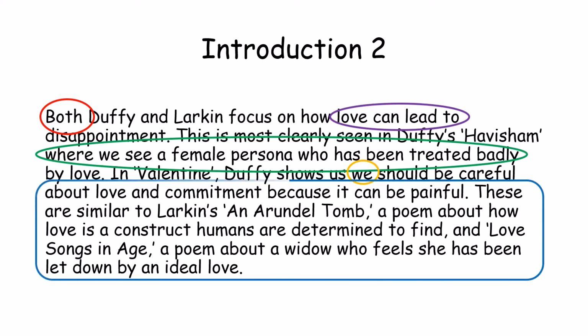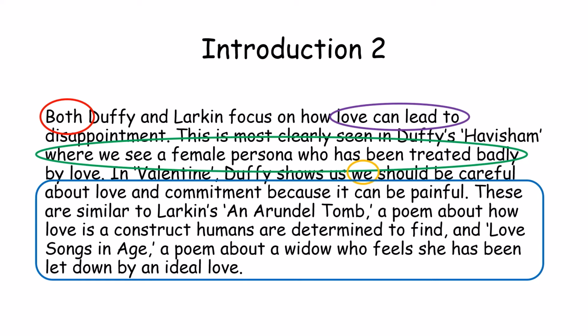What they then do is they continue to signpost the rest of their argument. So these are similar to Larkin's An Arundel Tomb, a poem about how love is a construct humans are determined to find, and Love Songs in Age, a poem about a widow who feels she's been let down by an ideal love. What this student has been able to do is introduce the poems, very briefly.